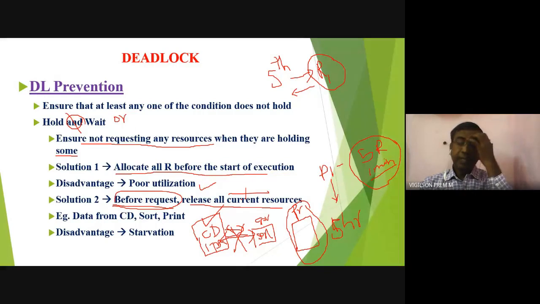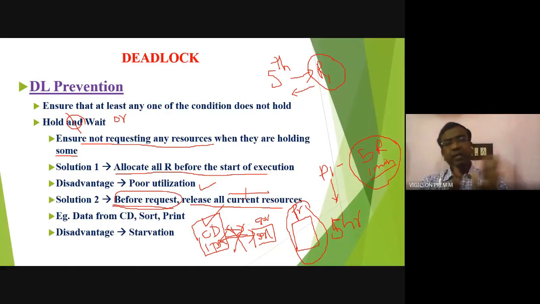Here, one important problem will occur. For example, a process needs 1 hour to complete its work. At the 55th minute, it wants one resource. So what is the condition? Before requesting, release all current resources.